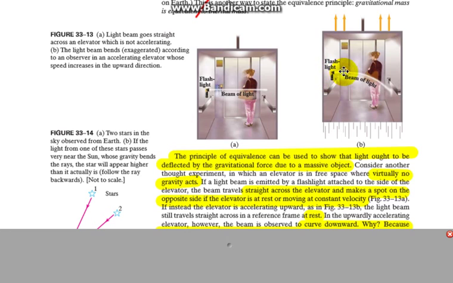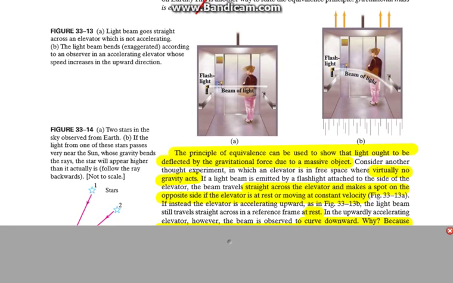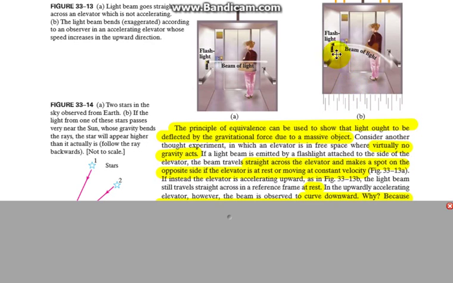So the light beam is still going across straight, but since the elevator is accelerating upward, it looks like it gets deflected, similarly to that 1960s video in which we have an accelerating cart, and instead of the ball falling straight down, it fell back in a curved fashion. Same thing here with the light beam. If it's accelerating upward, the beam looks like it gets deflected downwards.